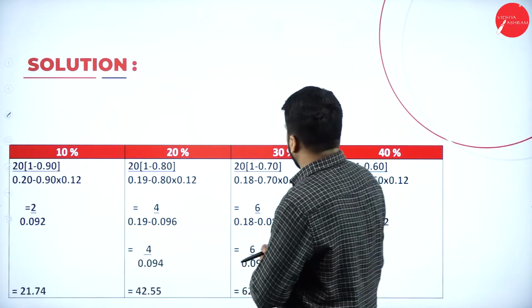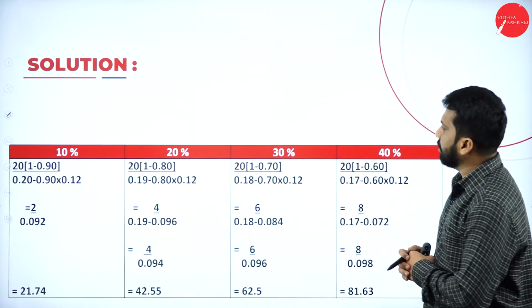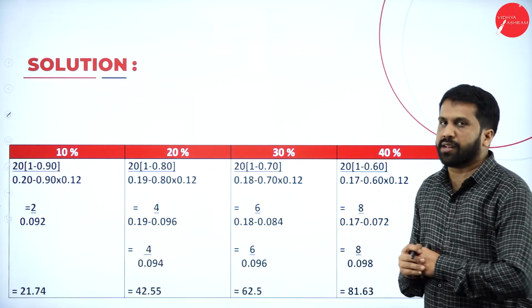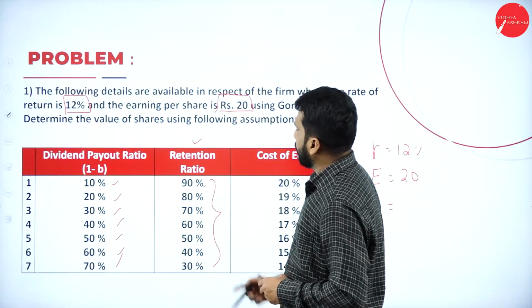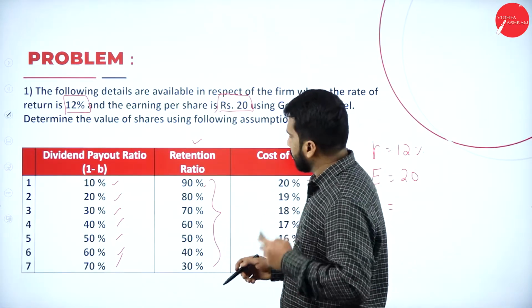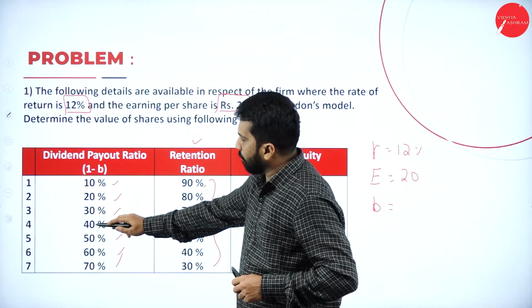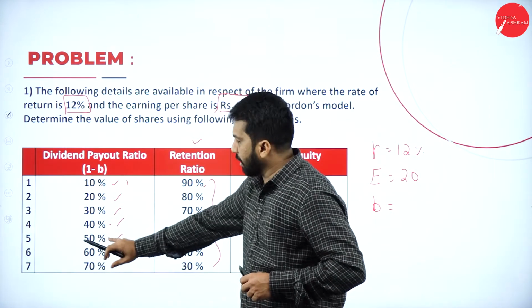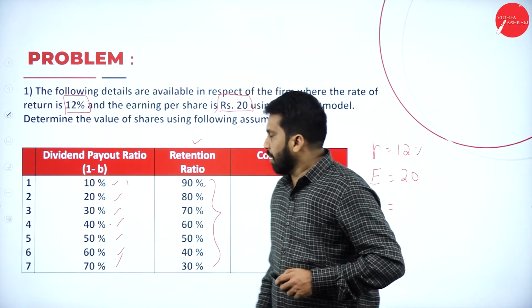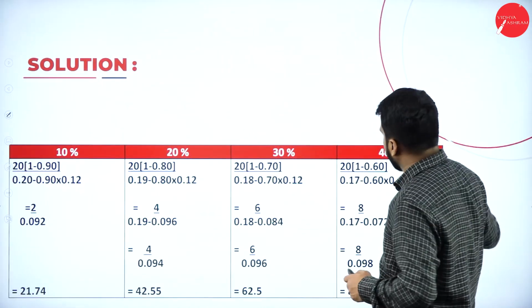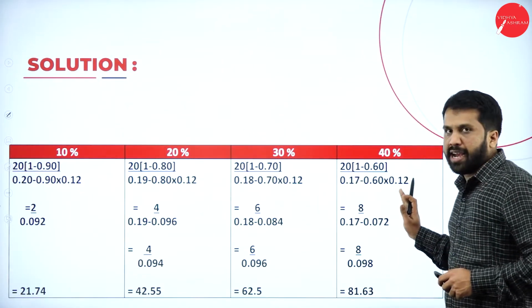So these are the informations we have. How to find out? I'll show you. These are your questions. What are the dividend payout ratios? 10, 20, 30, 40. We'll take only 4. Later we'll come to these 3. I don't have space here, that's why up to 40 I have done.